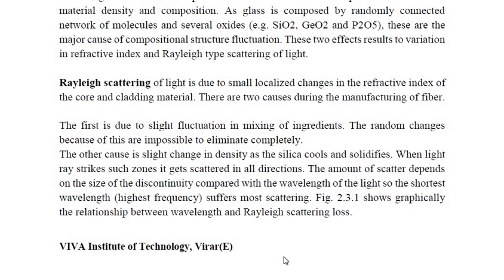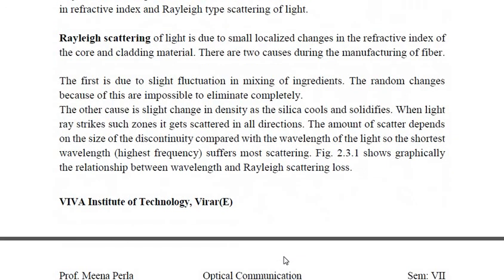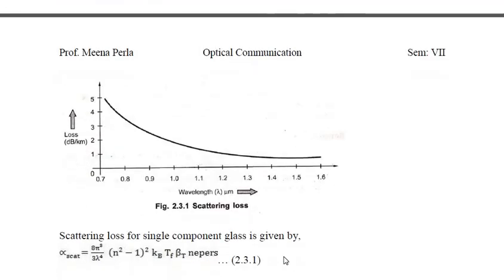The figure below shows graphically the relationship between the wavelength and Rayleigh scattering loss. As you can see, the shorter the wavelength, the higher the frequency and the higher the loss. But when the wavelength increases, the loss decreases. So this is what scattering loss is.